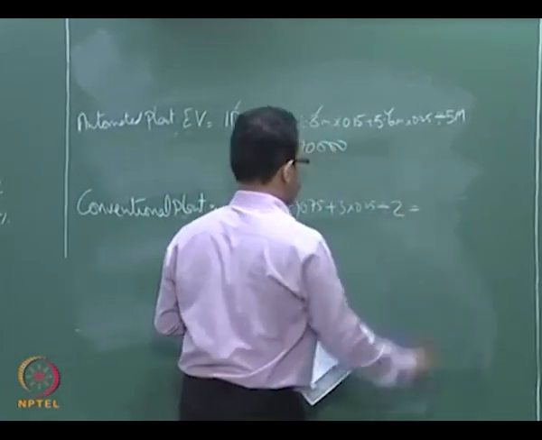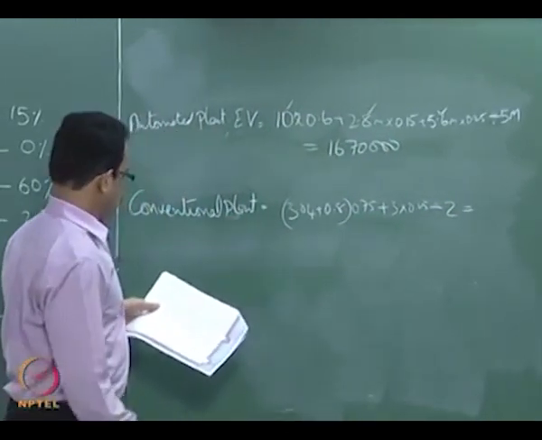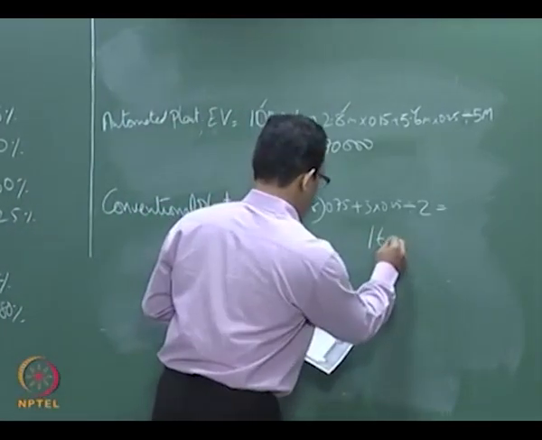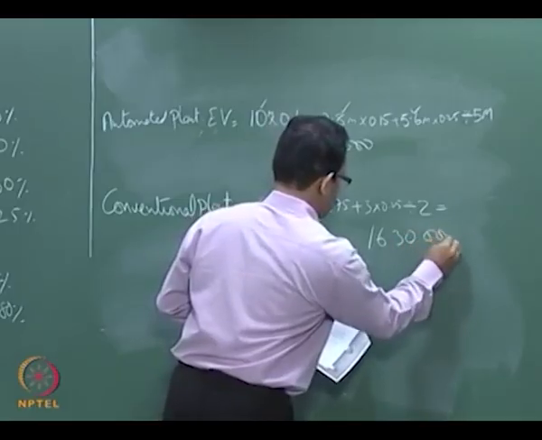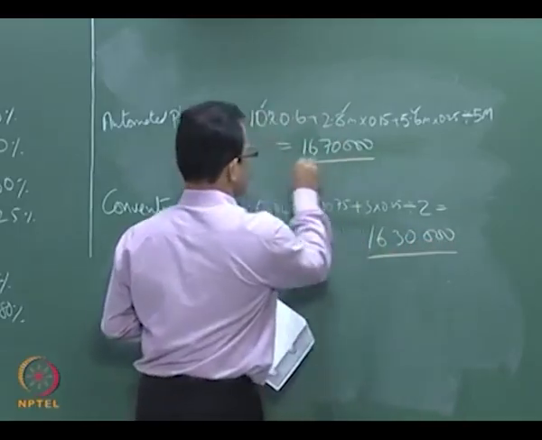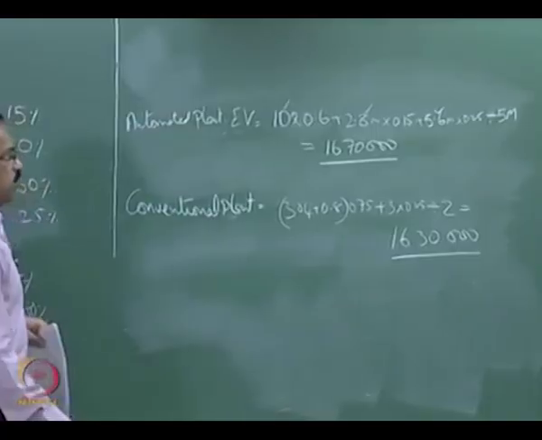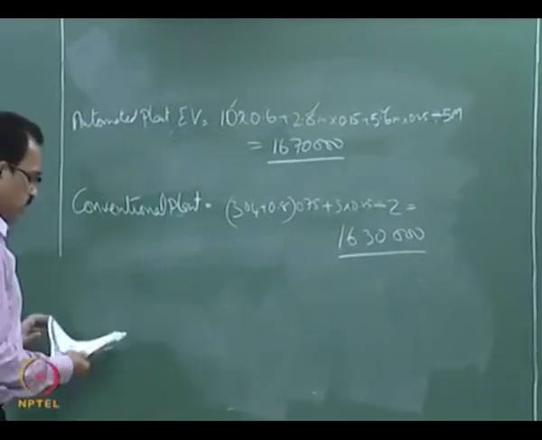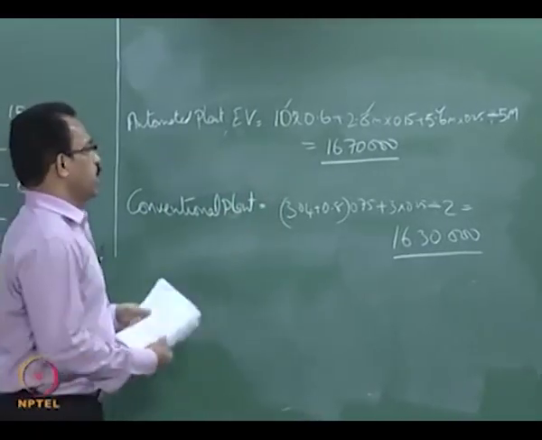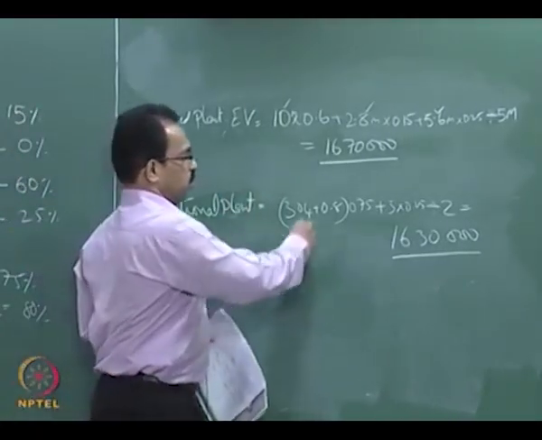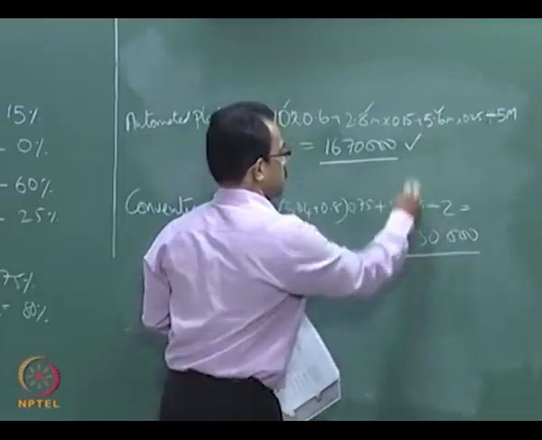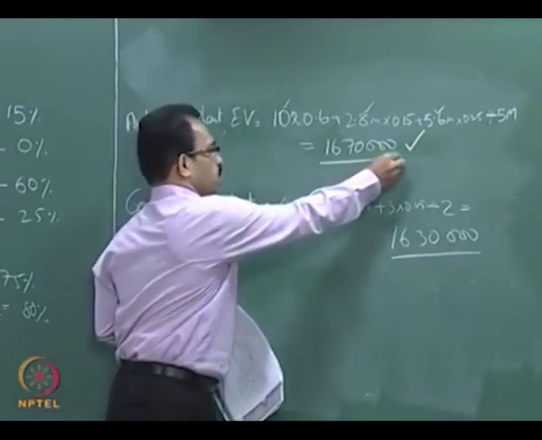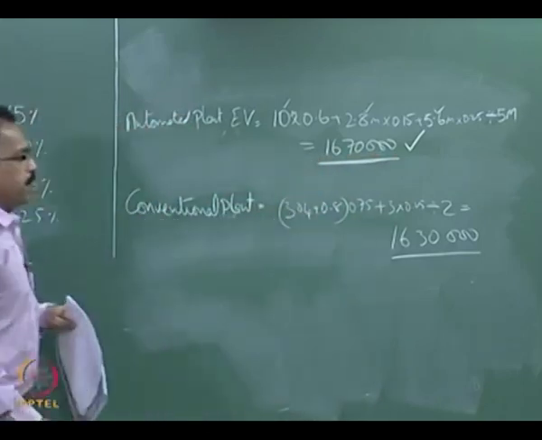So this will be the expected value of the conventional plant and it is given as 60,300. These are the expected values of the two decisions, whether you go for an automated plant or a conventional plant. From there we can see that the automated plant has the higher expected value, therefore we can go for the automated plant.